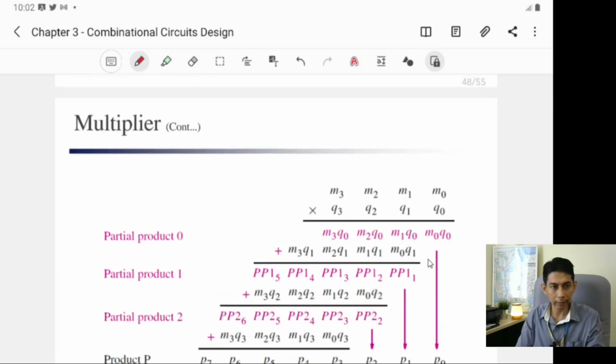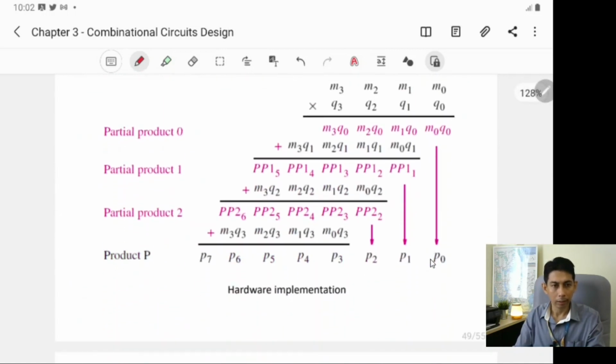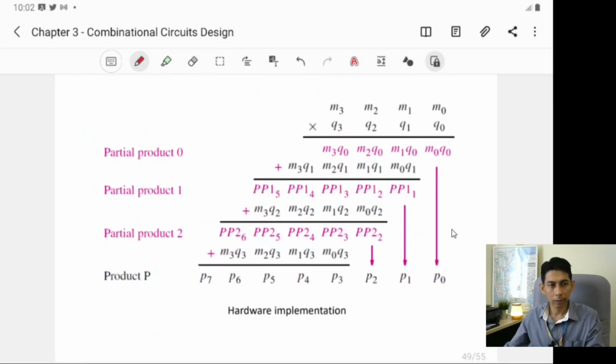Alright, same as this one. Now, this is partial product 0. Now we want to get this one. So how do we do this? Which is M0 Q1, M1 Q1, M2 Q1, and M3 Q1.